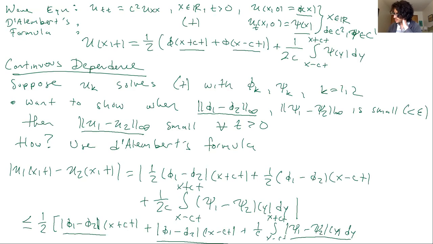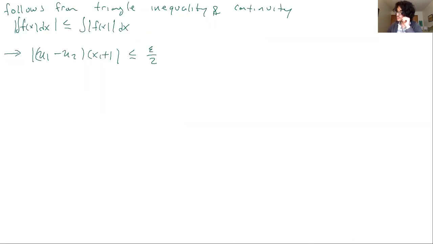That's because this part we can just say is bounded from above by epsilon. This part here is bounded from above by epsilon. This part on the interior here is bounded from above by epsilon, okay?